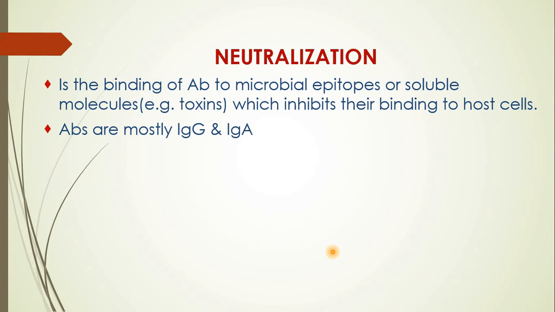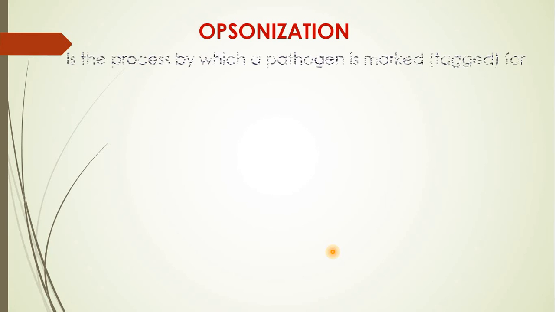Or you can say that whenever the epitopes of the antigen bind with the soluble antibody, that will bring about a nullifying effect on the antigen, and therefore it is a neutralization reaction. This is usually shown by antibodies like IgG and IgA, and it is used in identification of certain diseases.